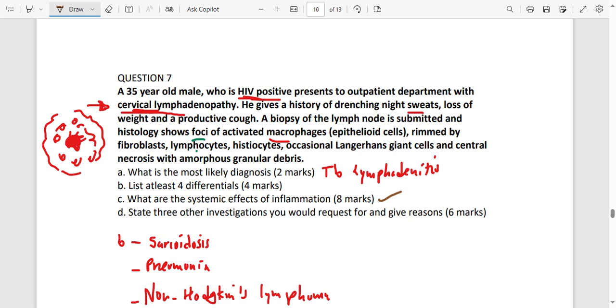So the X-ray is going to help in evaluating the pulmonary involvement in the condition. You are also going to look at the CD4 cells. Remember, this patient has HIV, so CD4 count, and you also look at the viral load. How much virus do you have? Because that is going to help assess progression of the disease.